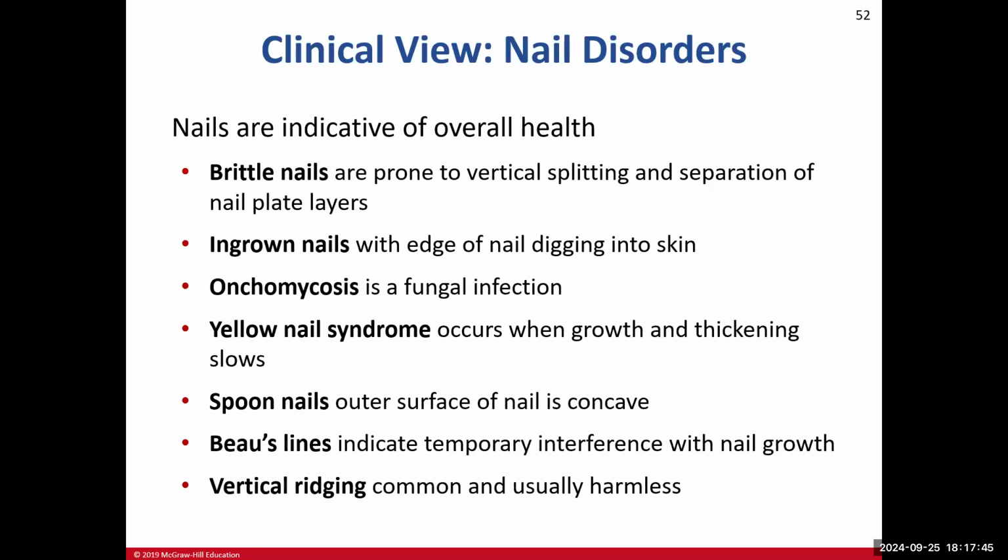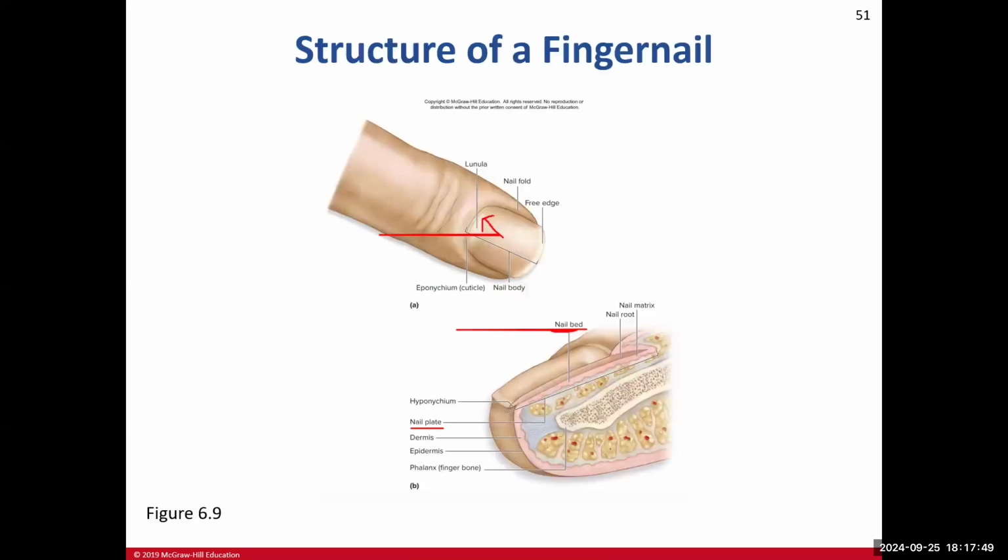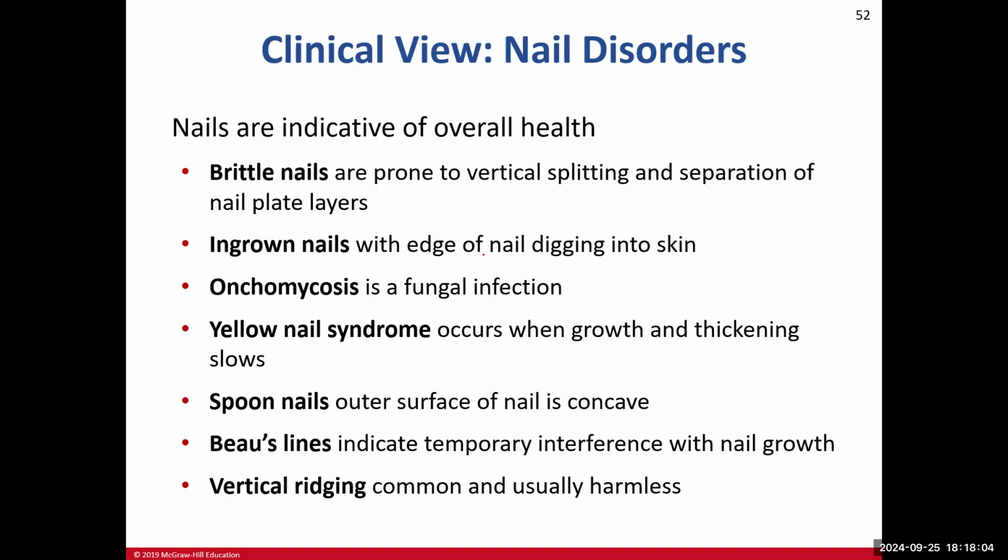And in certain cases, when you have brittle nails, you'll see tears right down the middle here. It's because the nail body, the nail plate, has become so weak that the nail will, I won't say fall apart, but we'll start to see the layers of the nail plate start to separate and things start to crumble away.